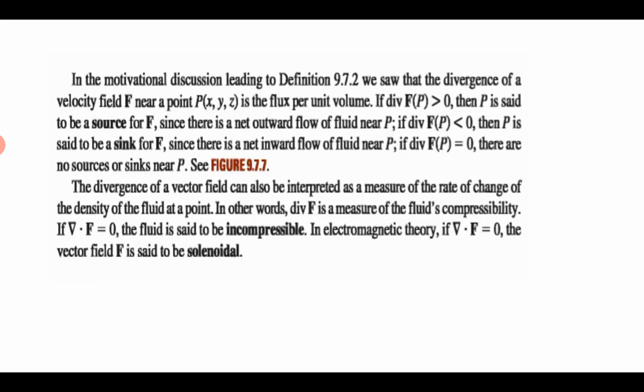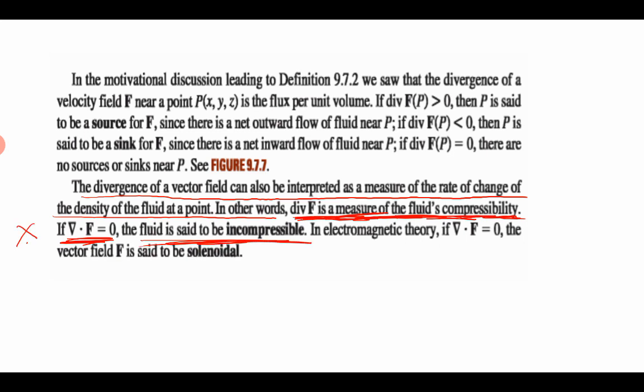And what is given here? Divergence of a vector field can be interpreted as the measure of the rate of change of the density of the fluid at a point. Divergence of F is a measure of the fluid's compressibility. That's the highlighting point. If the divergence del dot F is 0, the fluid is incompressible.